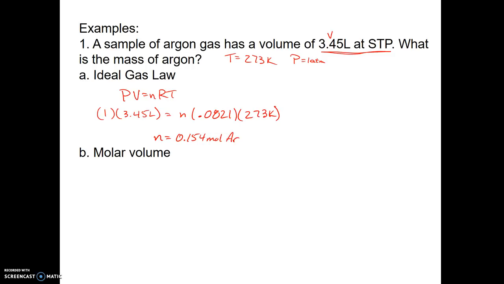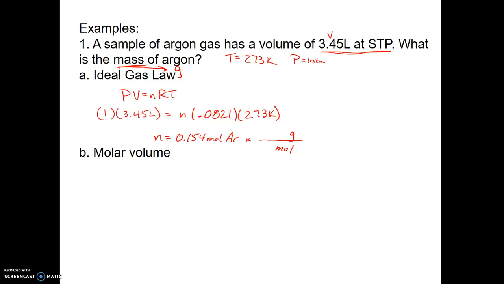Now, since it does say what is the mass of argon, hopefully that reminds us that it's asking for a gram value, not a number of moles. So if we're asked for a gram value, our last step would then be to convert our 0.154 moles of argon to grams. So we set up our fraction as what you want over what you got. In this case, we want grams. We got moles.